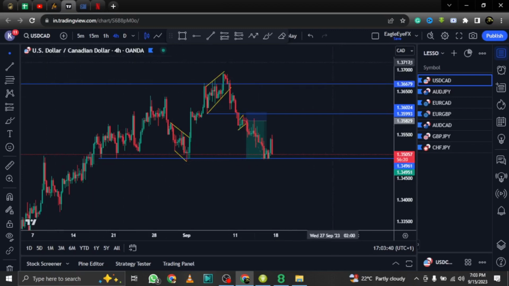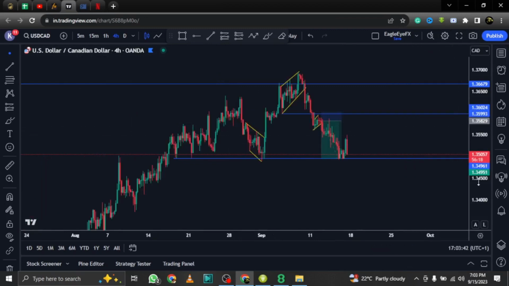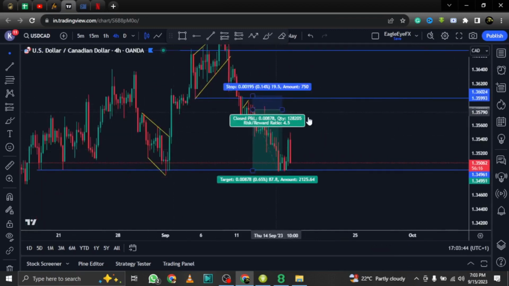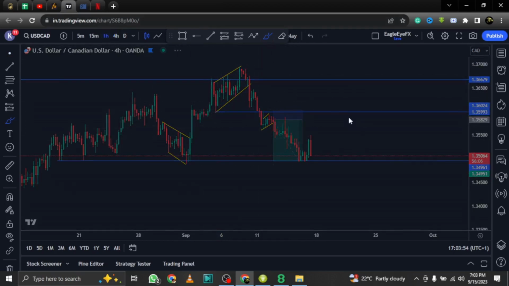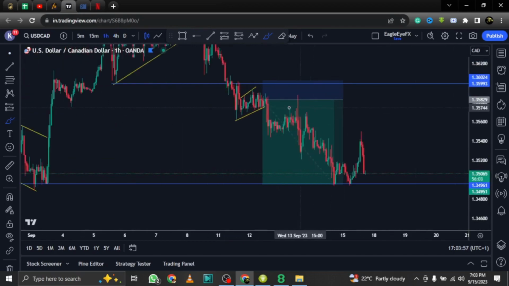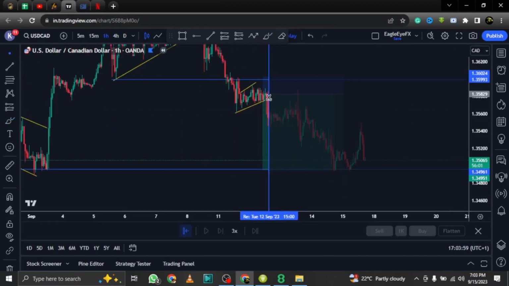So I want to start with USD CAD. In my previous lesson, I think I actually shared this. I was sharing about this setup over here. You can see once it gave this structure, there was an impulse move, and then it completed 90%, and after the 90%, you can see that the market gave us structure.